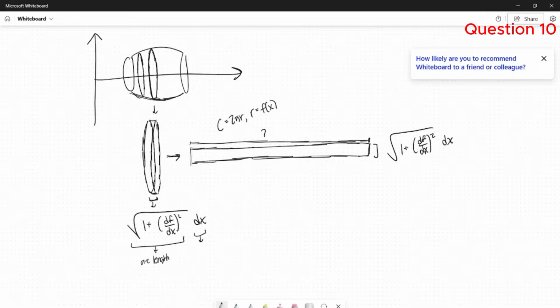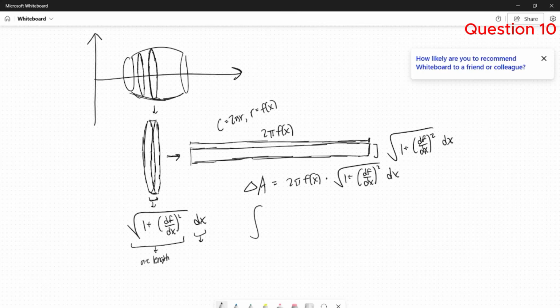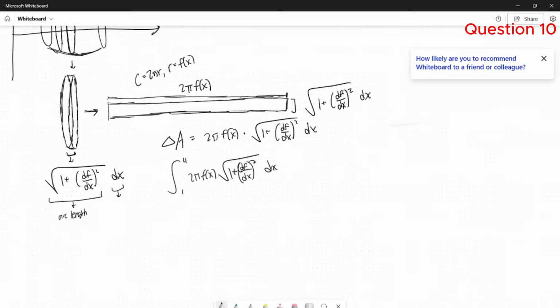So this side of the line would be equal to 2 pi f of x, which means that our small slice of surface area, delta A, is equal to 2 pi f of x multiplied by the square root of 1 plus this squared, dx. This results in our final formula, 2 pi f of x multiplied by the arc length, dx.